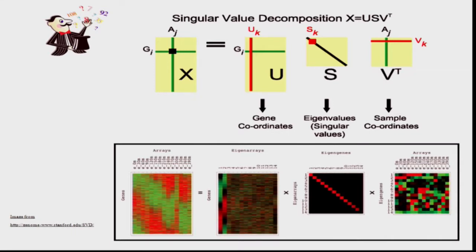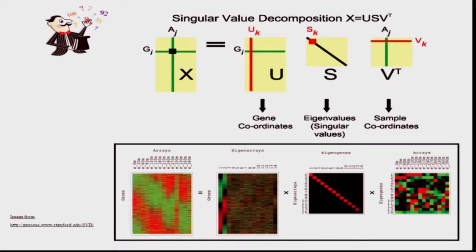after the decomposition. So when you do this matrix decomposition, you end up with one matrix which is just the diagonal matrix. So you end up with one vector here, which represents the actual variance. And then you have two other matrices, one of the samples and one of the genes.